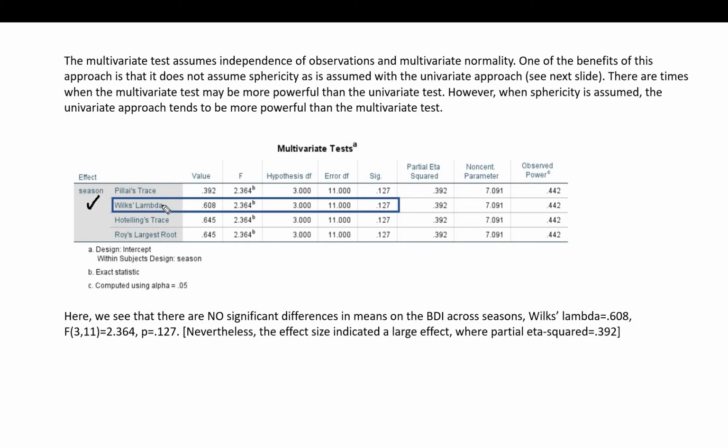Wilks' lambda is probably the most commonly reported test statistic, and you can see that our p-value is 0.127, which is obviously above a conventional level of 0.05. So we are going to maintain the null if we were using the multivariate test results and infer that there are no differences in BDI scores over the repeated measurements.